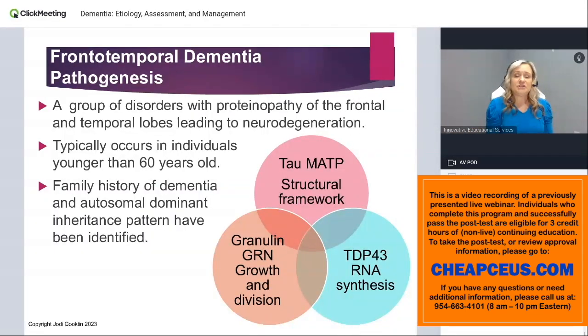The last type of dementia that we will discuss is called frontotemporal dementia. This particular condition is going to involve a group of disorders. There, again, it's a proteinopathy where the proteins are not forming appropriately, specifically in the frontal lobe as well as the temporal lobe for the individual.